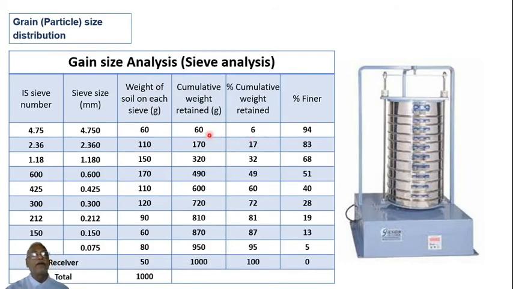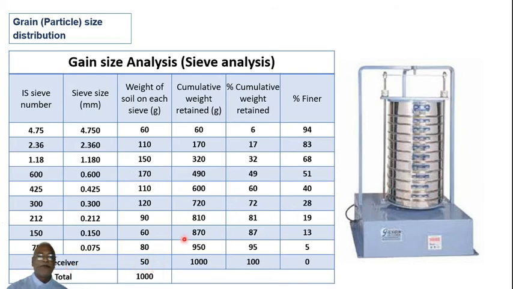Here is the weight of soil on each of the sieves. After shaking, you get soil on each sieve, which is collected and its mass is taken. Let us say it is given as 60, 110, 150, 170 and so on, and even in the receiver we have some sample, 50 grams.